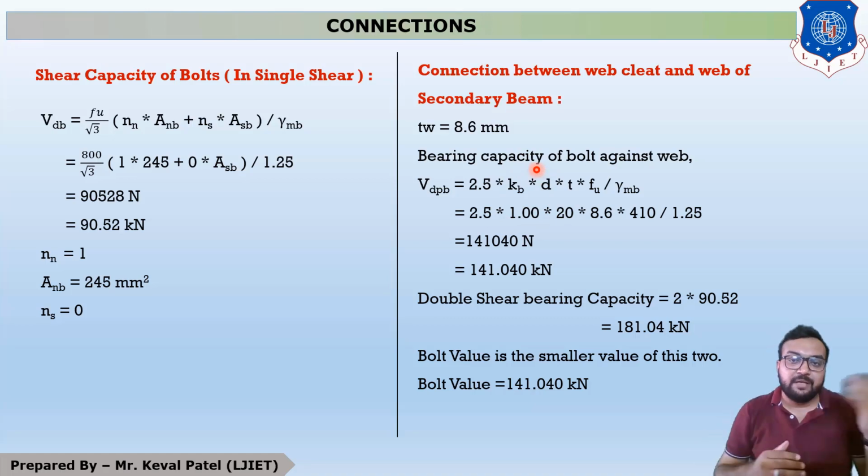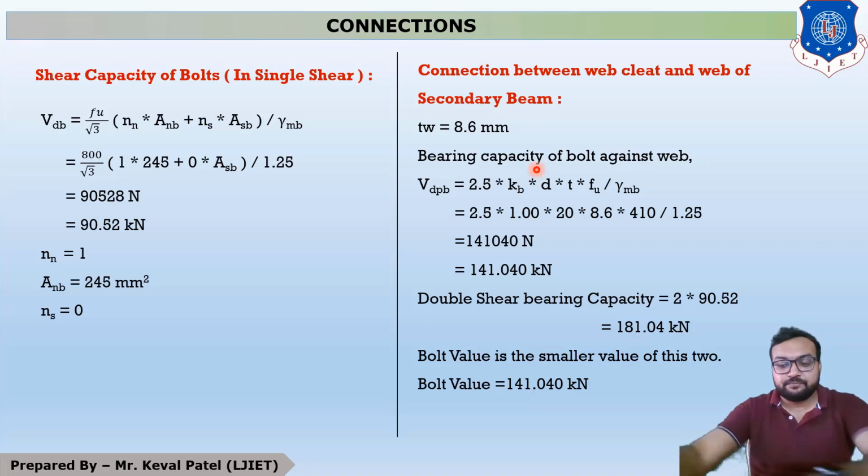In the last to last semester, you had to find out four values, and the smaller value of kb would be your final value of kb. But in this semester, you have to assume that your value of kb is equal to 1.